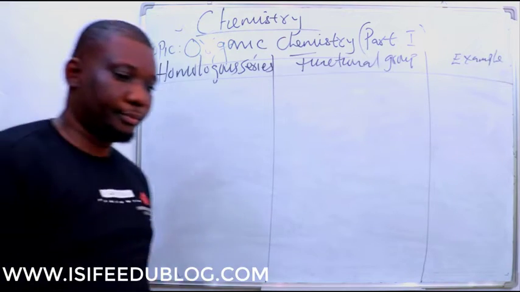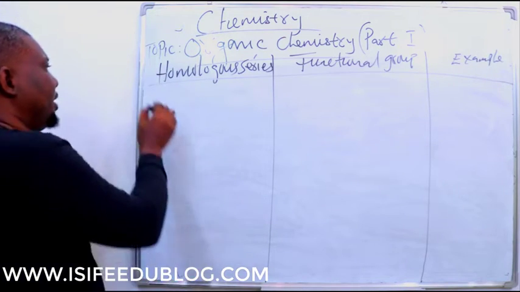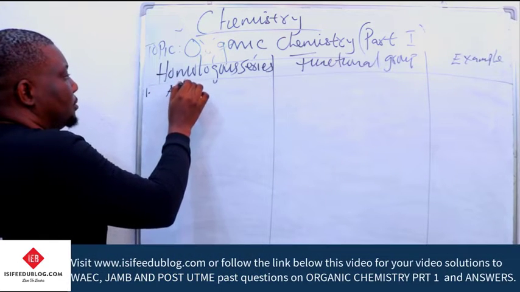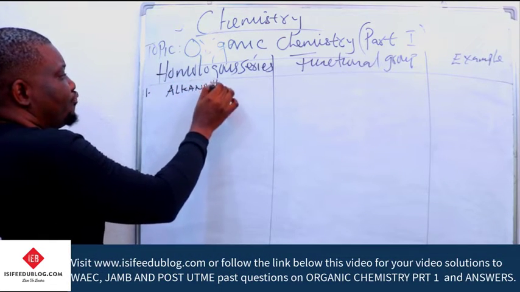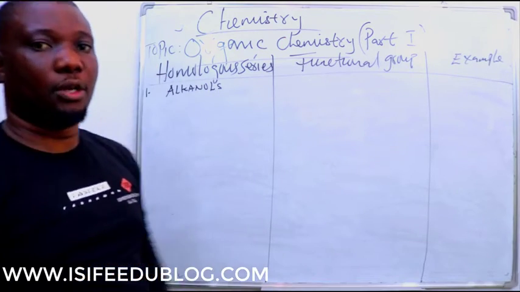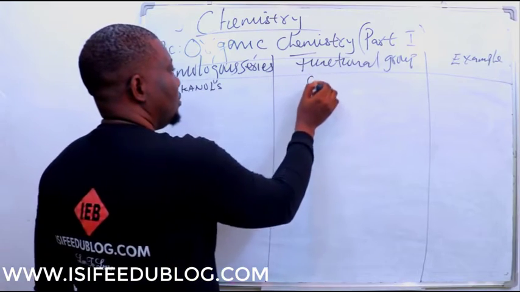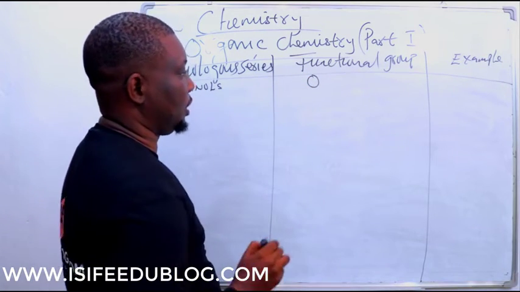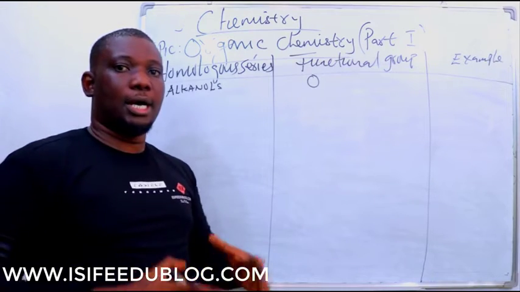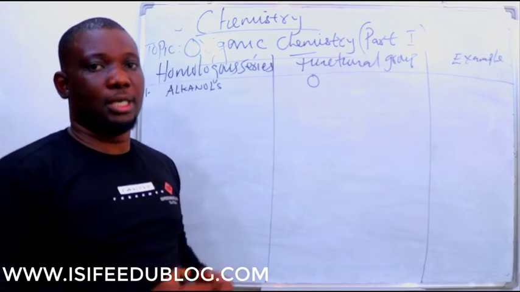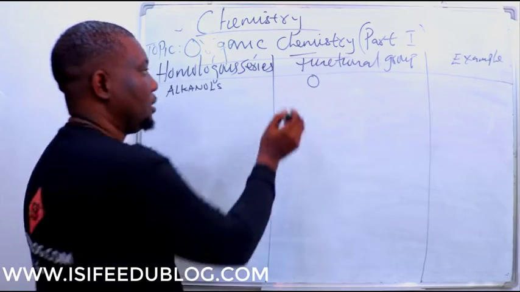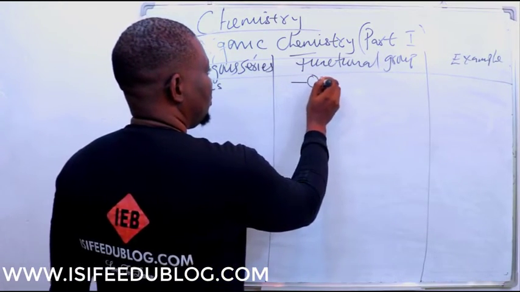Okay, now let's begin with alkanols. The functional group of alkanol is OH. I always want to give oxygen 2 bonds in organic chemistry because it has 2 unpaired electrons, which when used in chemical bonding give us 2 bonds. 1, 2.